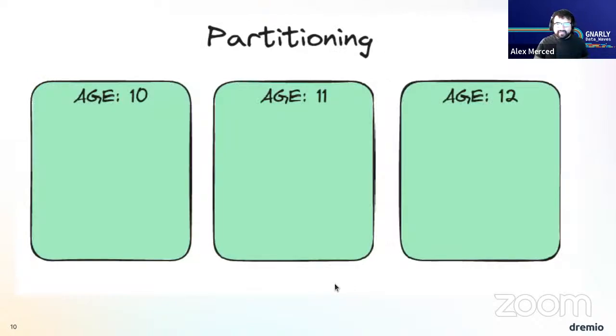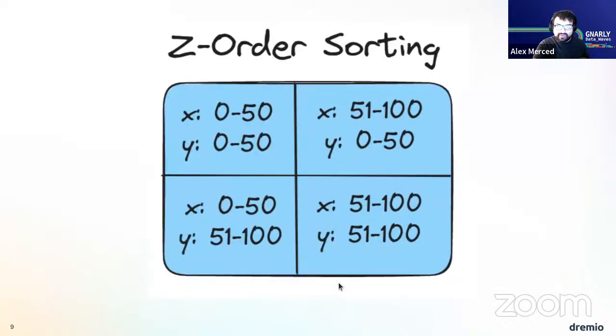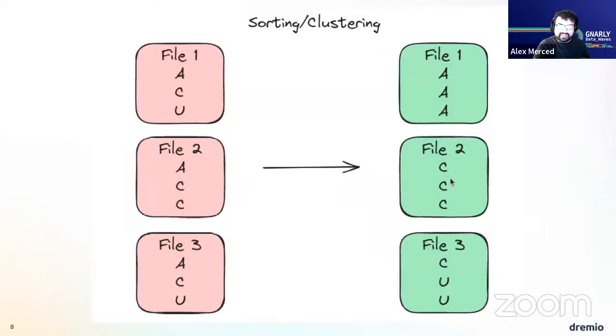Okay. Now the thing about clustering and sorting like we did in the previous slides is that when you're clustering, you may still have data with different values in the same file. So for example, here we sorted the data, but you see file 3 still had data with C and U in it.